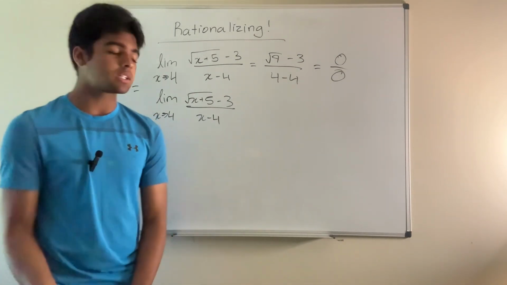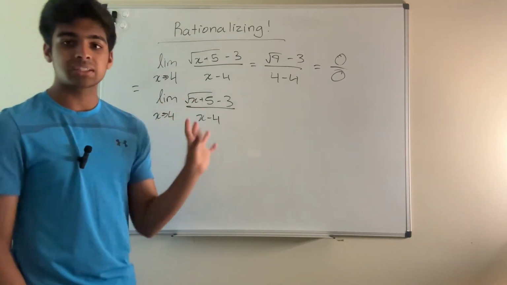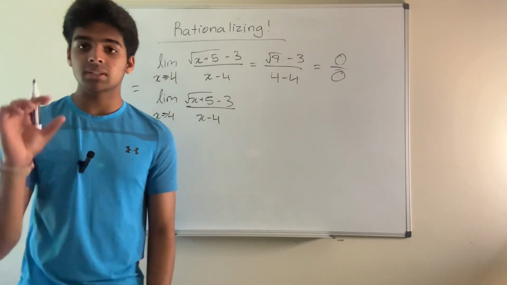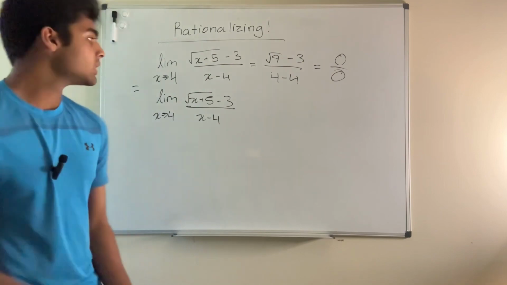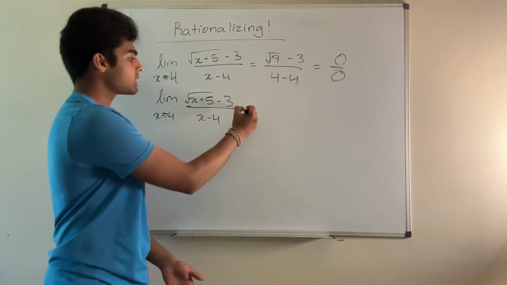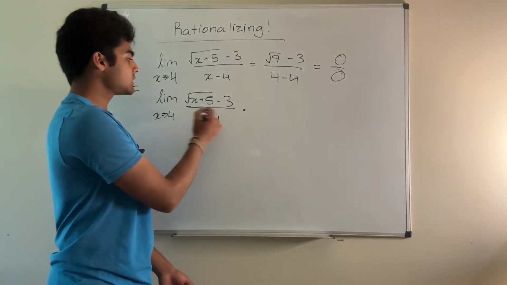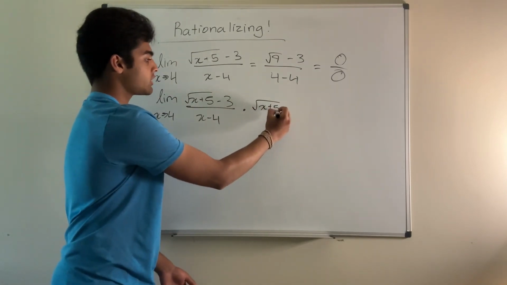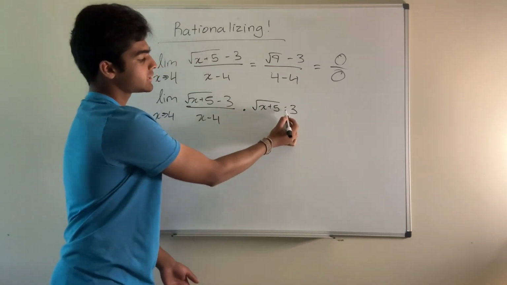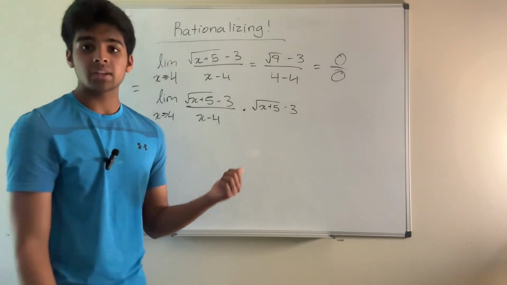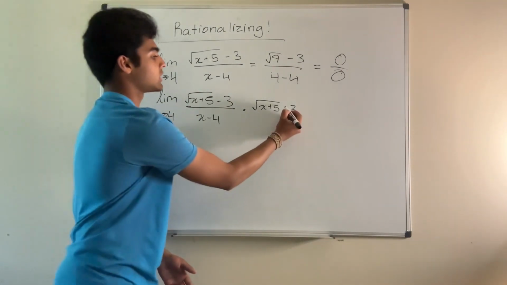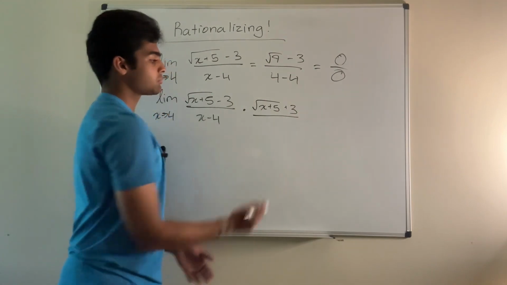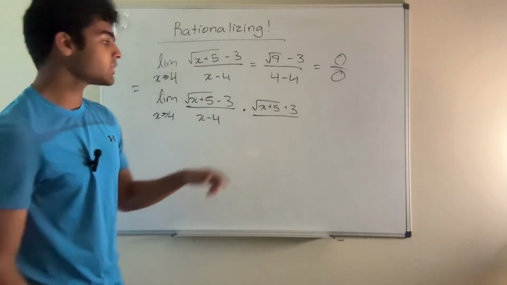Now, a conjugate is basically the same exact expression, except the sign in between is just flipped. So if we multiply here by the conjugate, we can see it's the same expression, root x plus 5 minus 3. But this sign in the middle, which is a negative sign, we would flip it to a positive sign right there. And then multiply both the top and bottom by it.